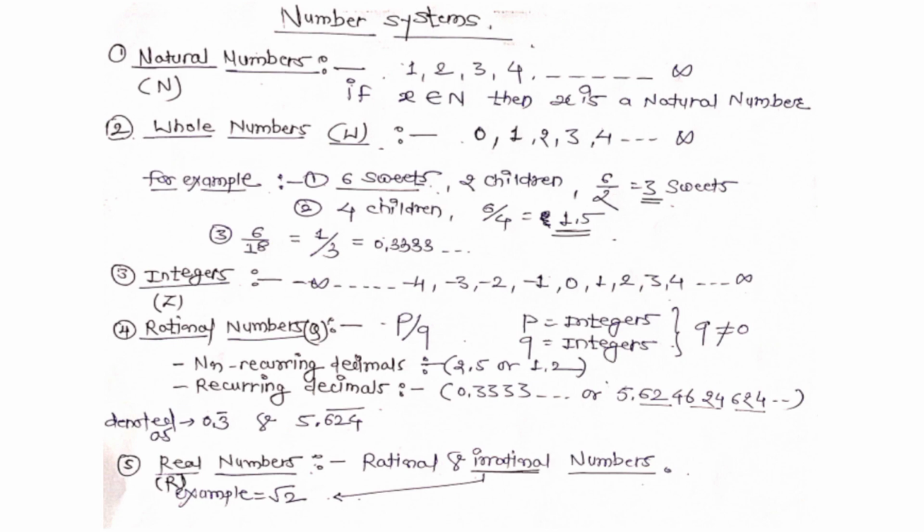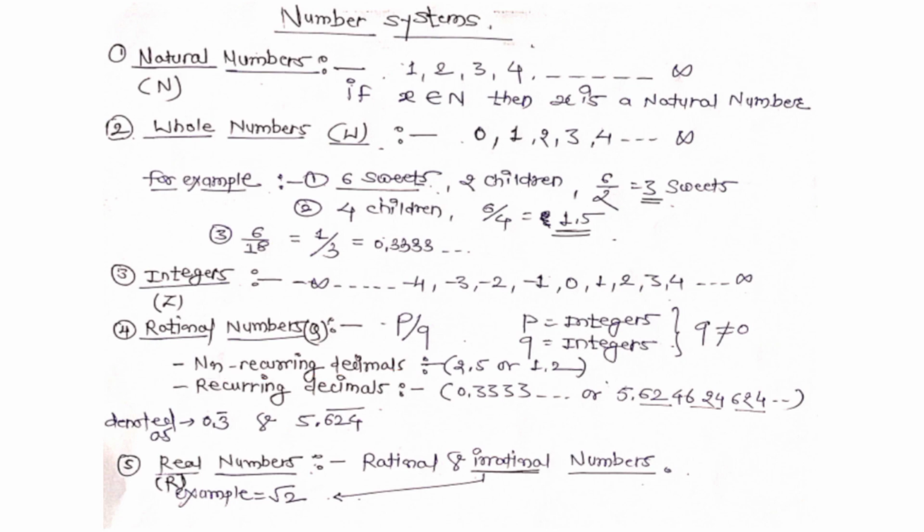In rational numbers, we have two types of numbers. The first one is non-recurring decimals and the second one is recurring decimals. Suppose we have numbers like 2.5 and 1.2, where after the decimal point we have a finite number of digits. We can say this is a non-recurring decimal.